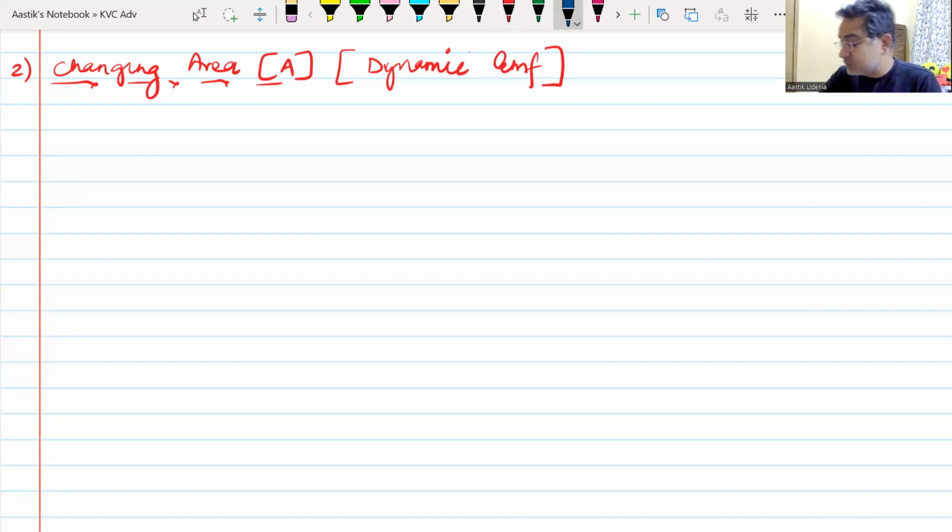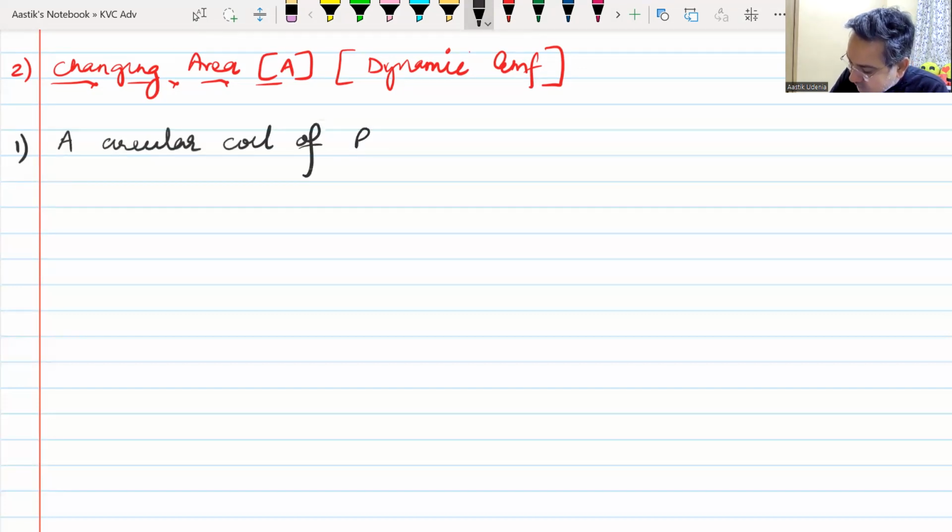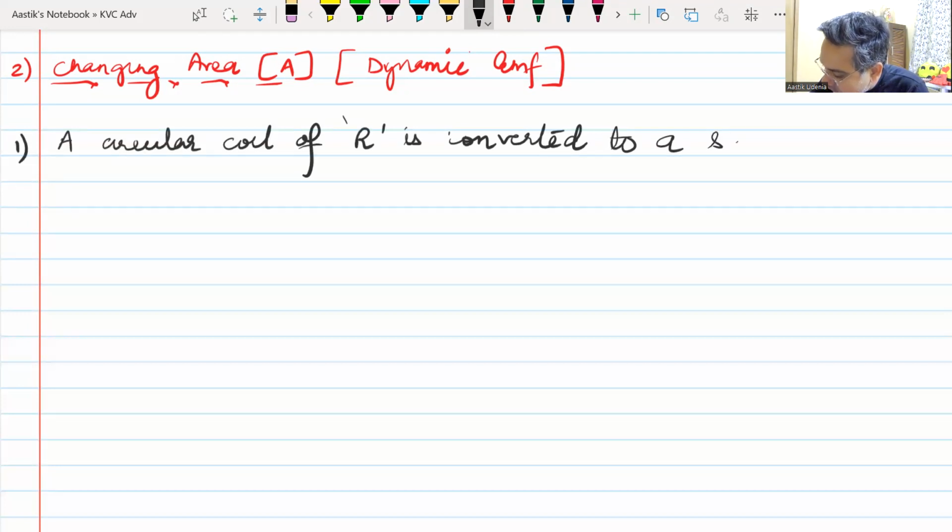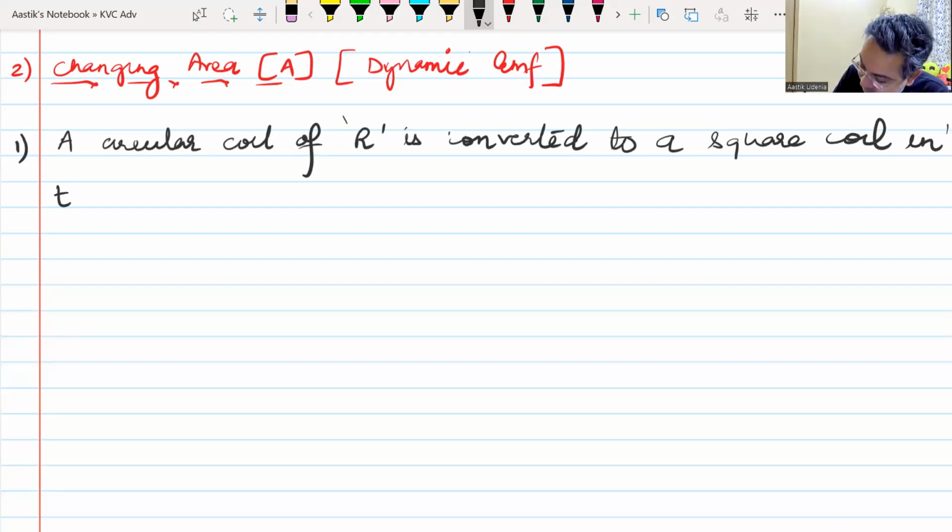Now, how are you going to solve questions on this? We will see it by this example. A circular coil of radius r is converted to a square coil in t seconds.